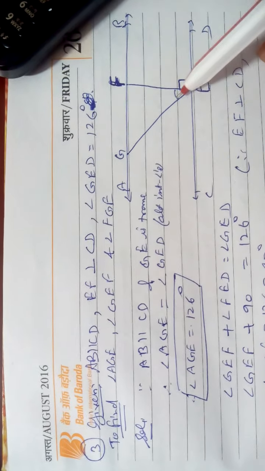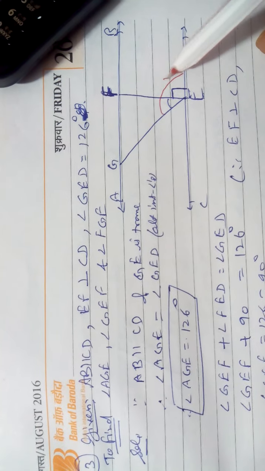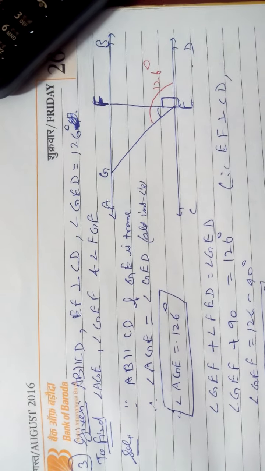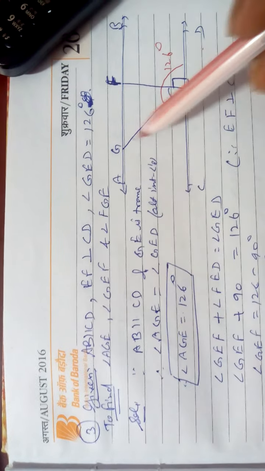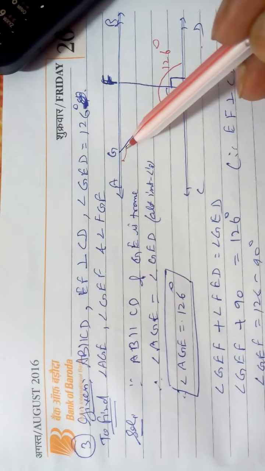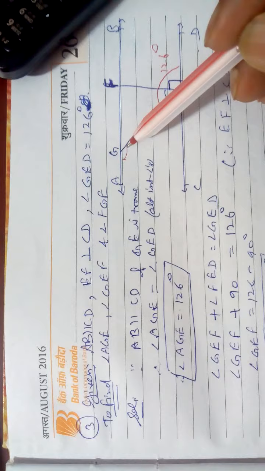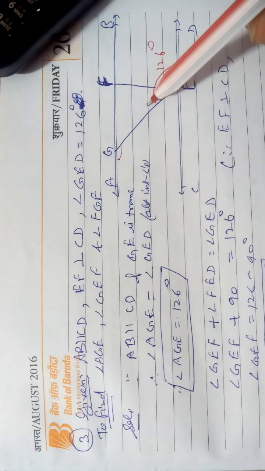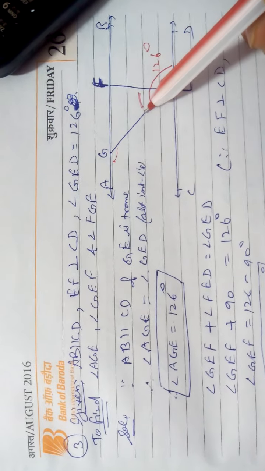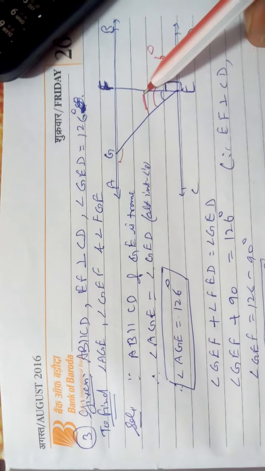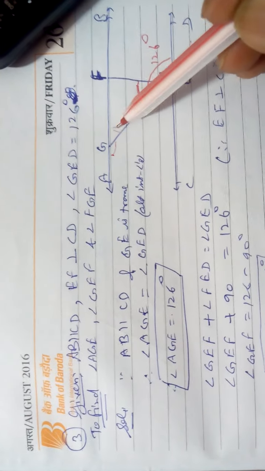Angle GED, this full angle, is given as 126. You want to find AGE, this angle, GEF, this angle, and FGE, this angle.